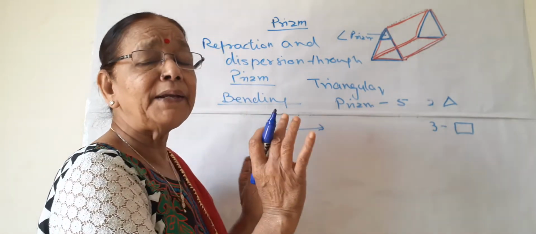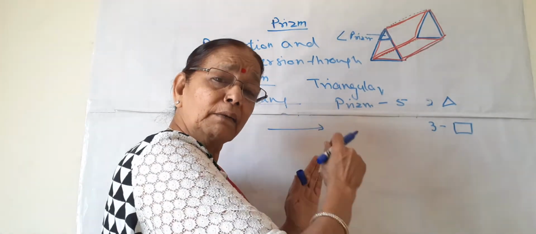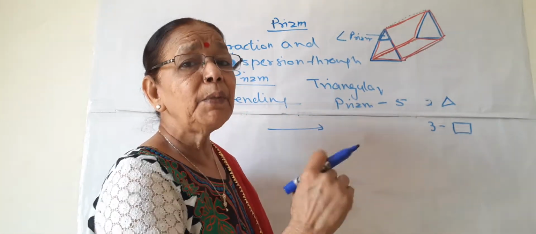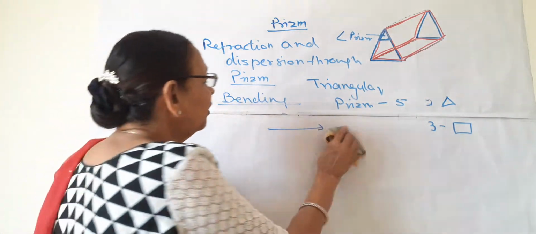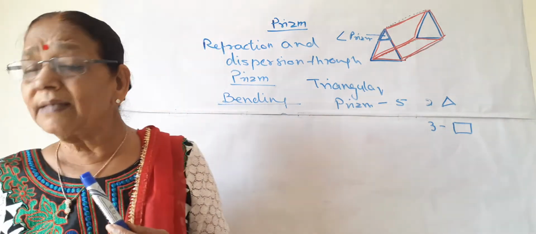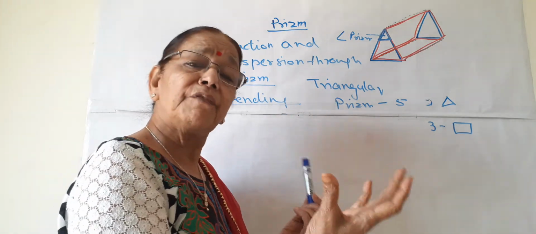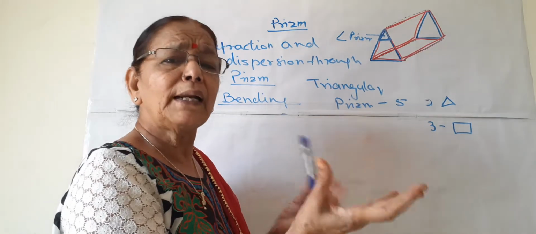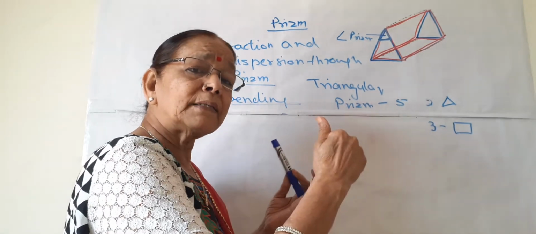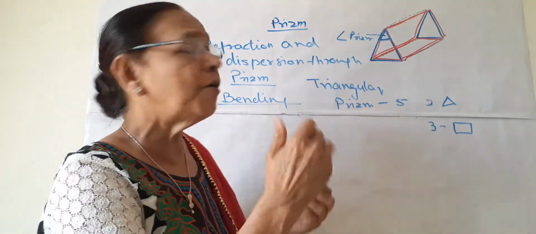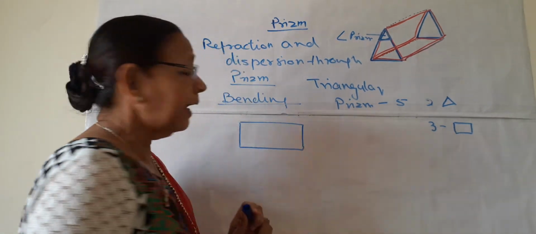Bending happens only when a ray enters from one medium to another medium which has a different optical density, that is, a different refractive index. Density we all know, but optical density is different from normal density, because optical density determines the bending of light. We have done this refraction of light in a rectangular slab.